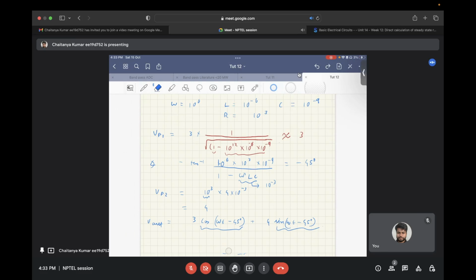So the cos is considered as 0 degrees. This will be 3, this value will be 4, and what you will get over here is the square root of 3 squared plus 4 squared, that is equal to 5.